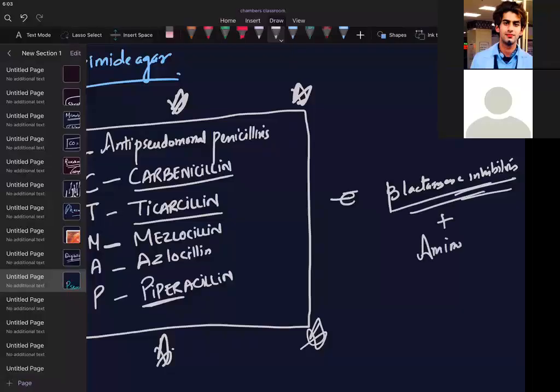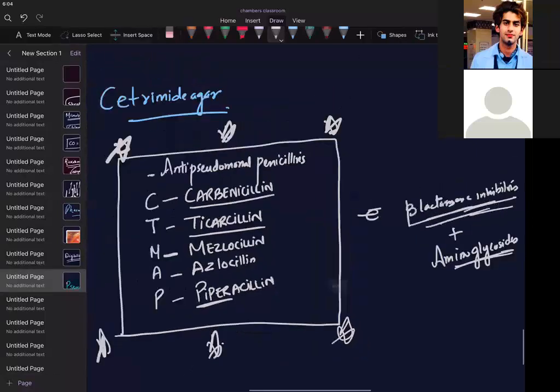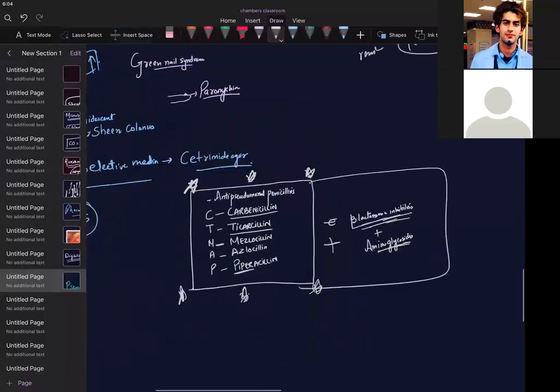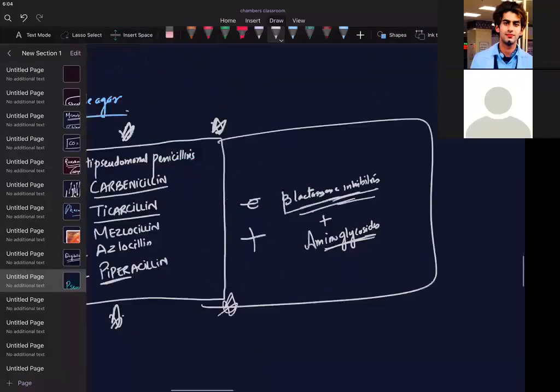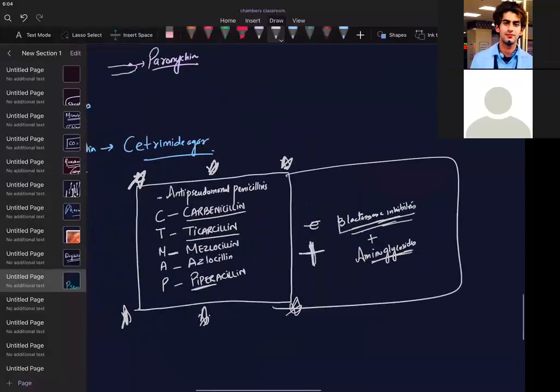Please keep it mentioned there. Aminoglycosides you will be learning in pharmacology. So we are using these two together. Remember, we give them together. Make another box with this plus. Understood? This is the treatment.